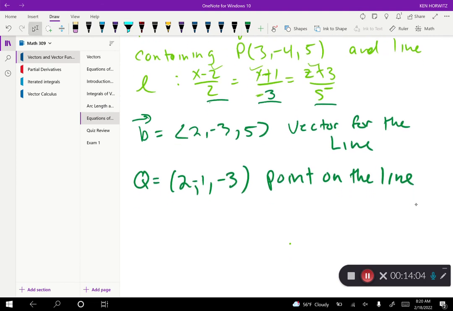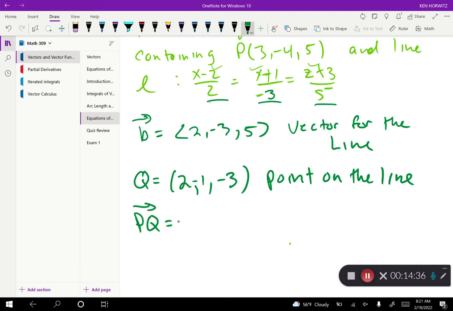Now, the question is, and I'm going to ask you to do this, is find vector PQ, and then we're going to do the cross product with B, because vector PQ and vector B are both in the plane, and we need a vector normal to both. So you're going to do final minus initial.